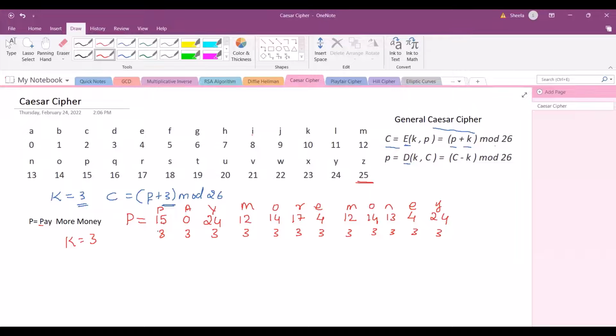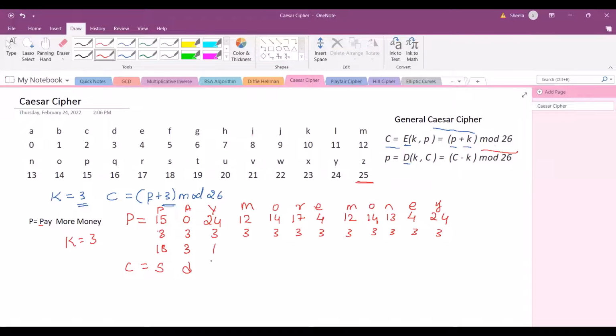So here 15 plus 3 is 18. So the corresponding ciphertext letter will be S. And similarly 0 plus 3 is 3, and the corresponding letter is D. And similarly 24 plus 3 is 27. 27 mod 26 is 1.